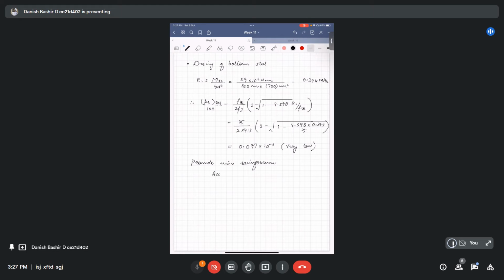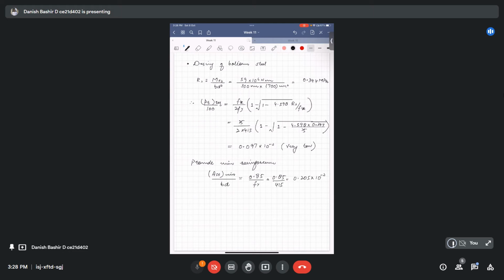Code says that AST minimum divided by BD should be equal to 0.85 divided by FY. Remember this formula. Plugging in all the values, 0.85 divided by 415, the minimum percentage is 0.205 times 10 to the power minus 2.